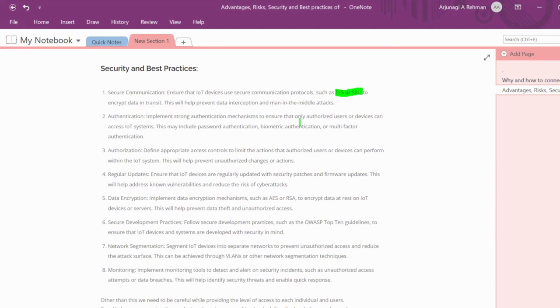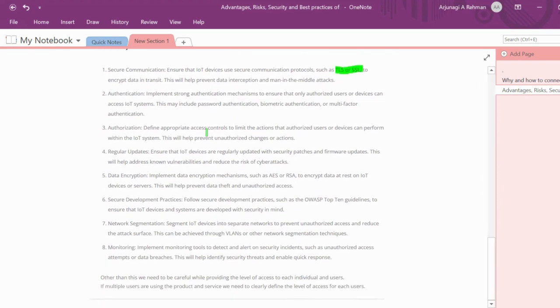Second point is authentication. Implement strong authentication mechanisms to ensure only authorized users or devices can access the IoT system. This may include password authentication, biometric authentication, or multi-factor authentication.